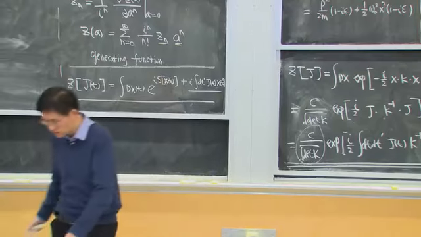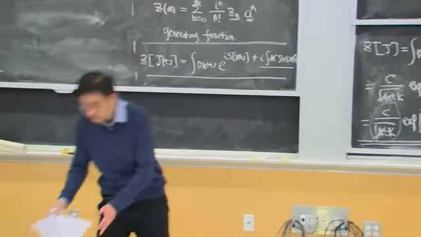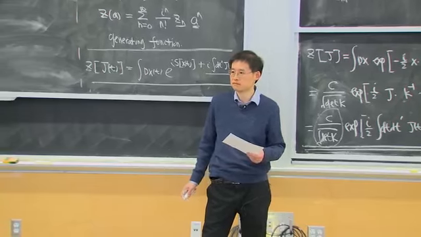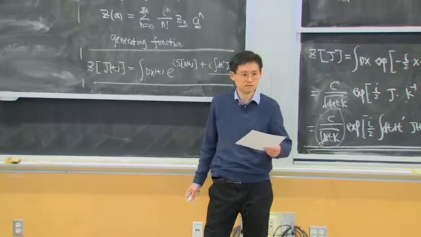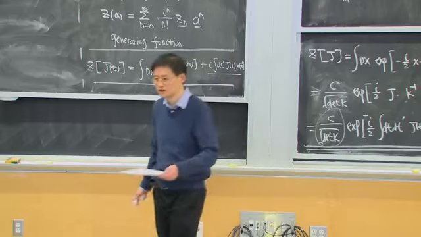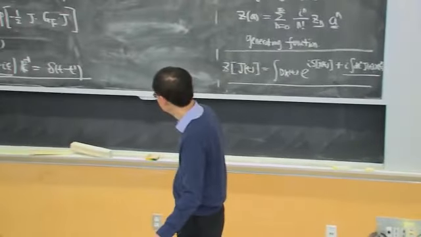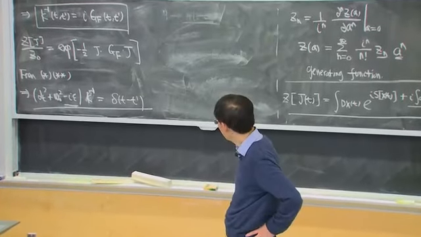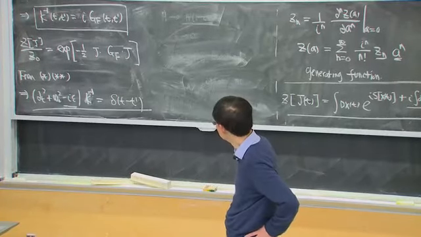Any questions on this? Yes. In that expression, if J is a function, do you just integrate over t and t prime, in the exponential of negative half J G J?